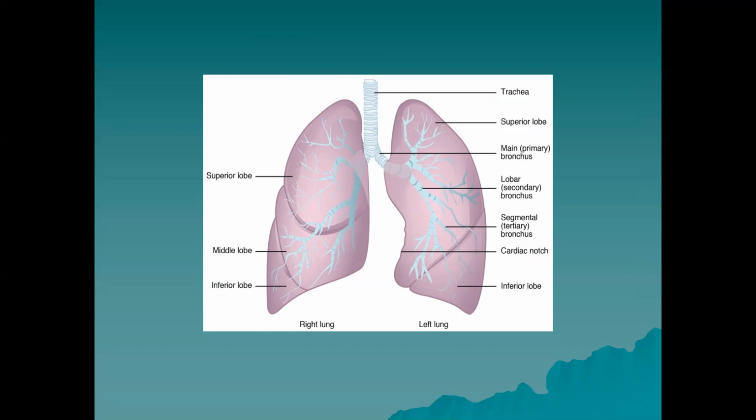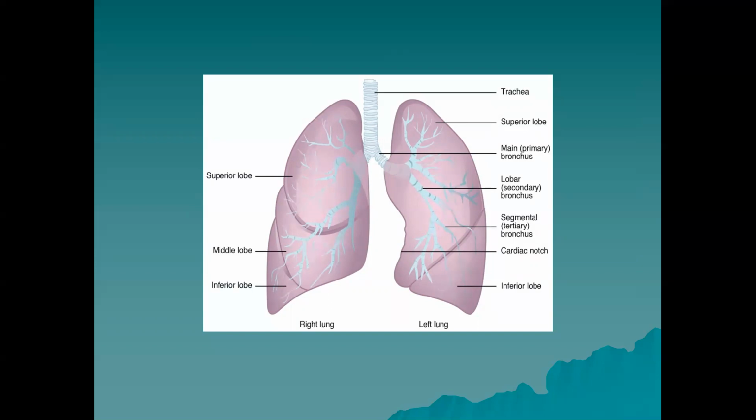The heart is in the mediastinum, and so the inside part of the lungs face the heart, and so that's called the mediastinal surface. You notice that the lungs are divided up into lobes, and there's a violation of bilateral symmetry with the lungs. The right lung actually has 3 lobes: superior lobe, middle lobe, inferior lobe.